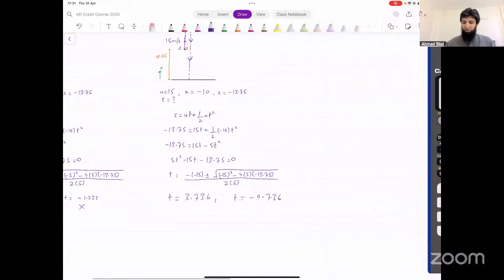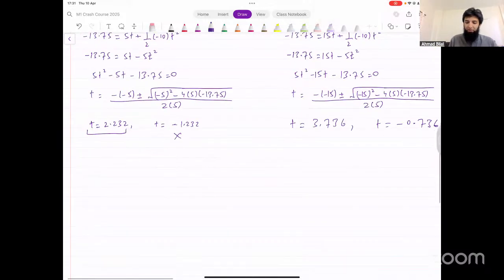So one possible time for C to hit the ground is 2.232, and the other is 3.736. 0.5 seconds had already passed initially for both of them, so for the difference, it does not matter. We can just find the difference between these two values now.